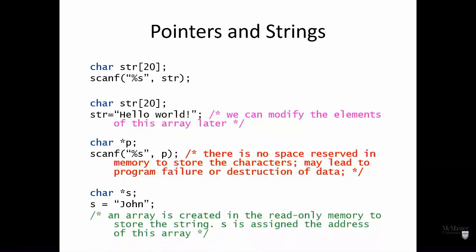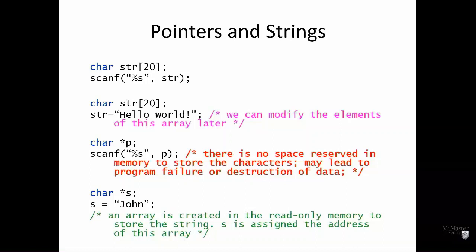Good. So here, what you would do is, okay, this is a character pointer called s, and then you initialize s as John. What happens here is, because arrays of characters can be defined on the fly, you can say this, but the problem is you cannot change it.